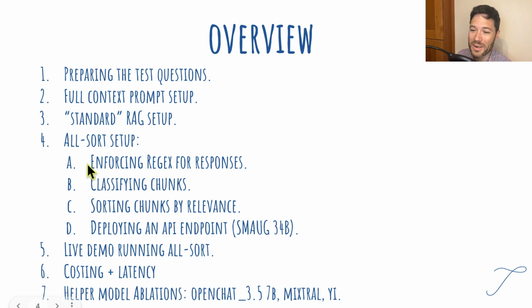There's a trick here that's really useful, and it's called regex responses. There is a package that has come out, very popular on GitHub, called Outlines, and this functionality has also been integrated into Text Generation Inference by Hugging Face, which is the API I typically use when I run servers.